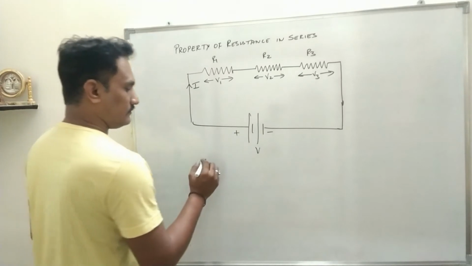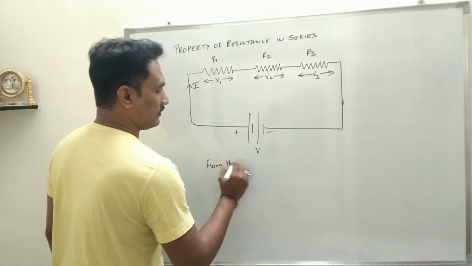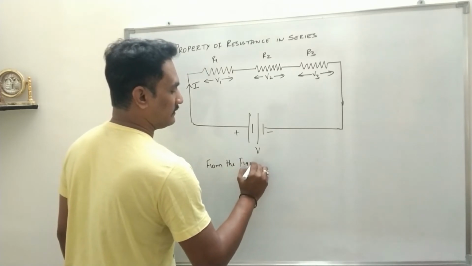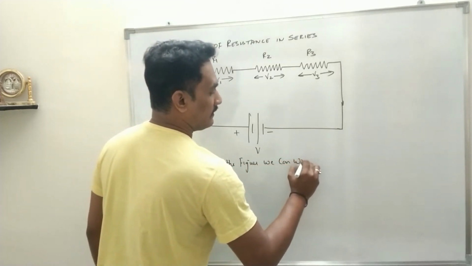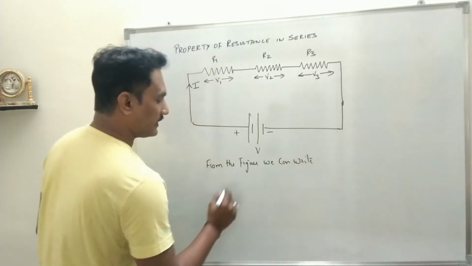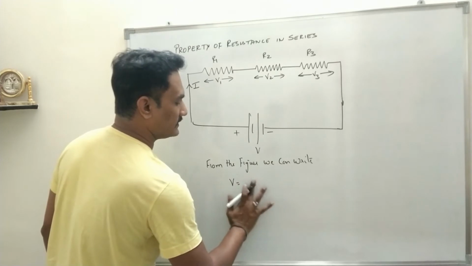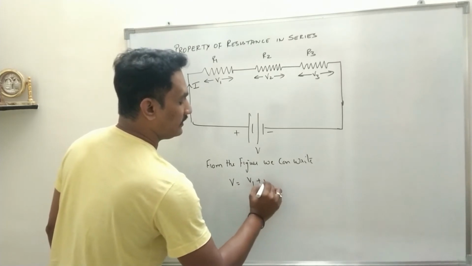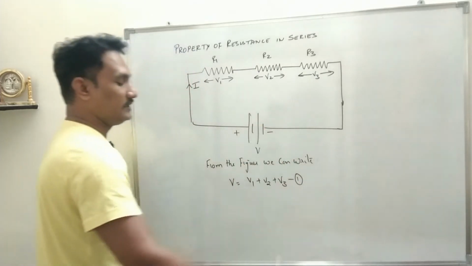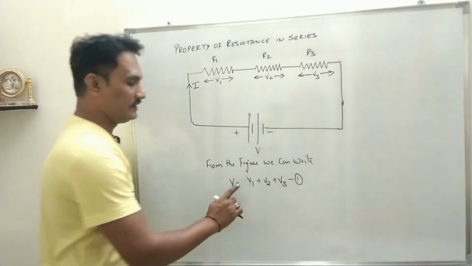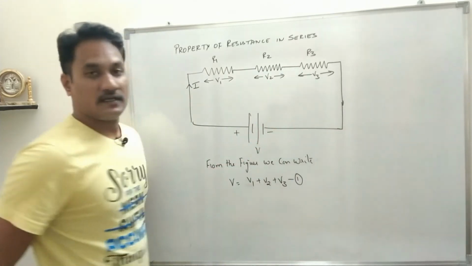So from the figure we can write V is equal to V1 plus V2 plus V3. Let this be equation number 1: V = V1 + V2 + V3.